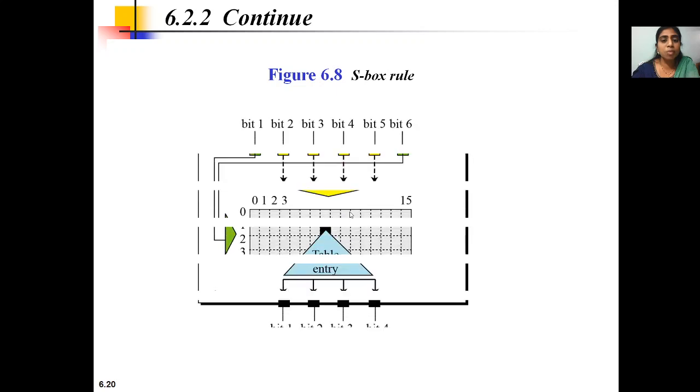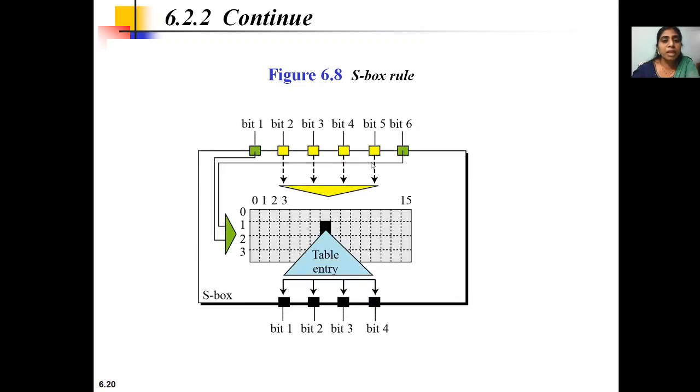So in the S box rule, we can find here the 6 bits. In the 6 bits, the first bit and the last bit become the row value and the middle 4 bits become the column value.